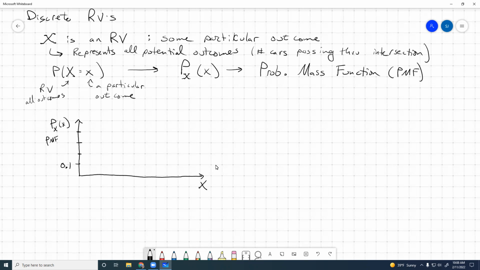And we can give these values. These are relative frequency values. And the number of cars that pass through an intersection, these are all the potential values that big X can take. So it can be 0 cars, 1 car, 2 cars, 3 cars, etc.